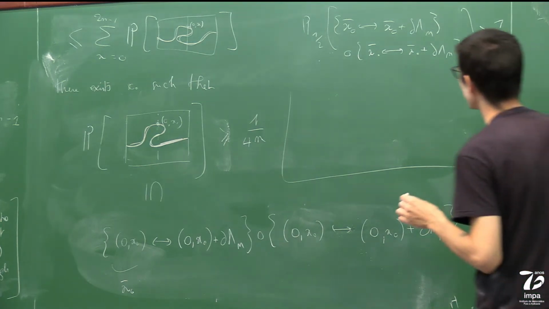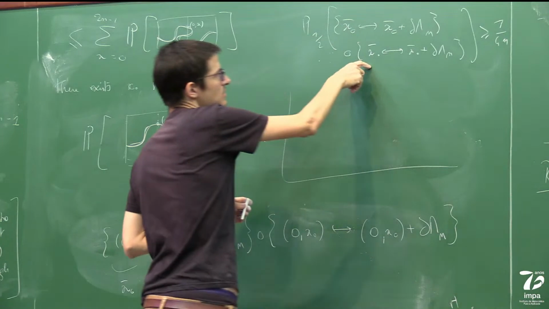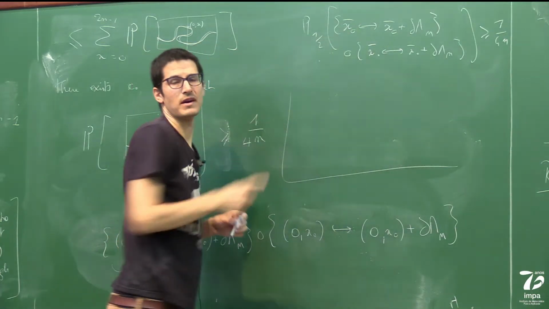Now I know that this is smaller than the probability of the event squared, just by BK.